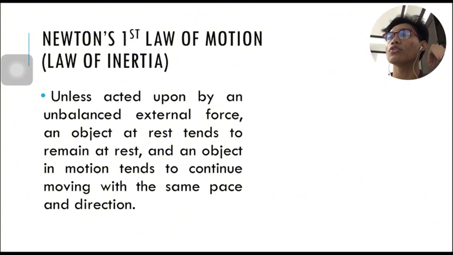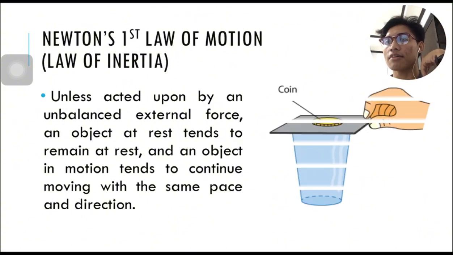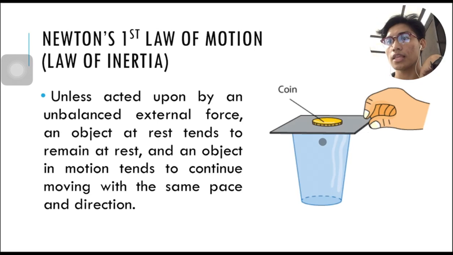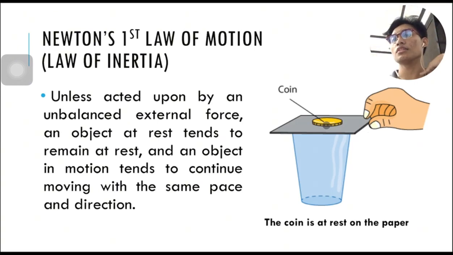So, how are we going to apply this in real life? Let's say we have a coin on a cardboard placed on a glass. The coin will remain at rest on the cardboard.